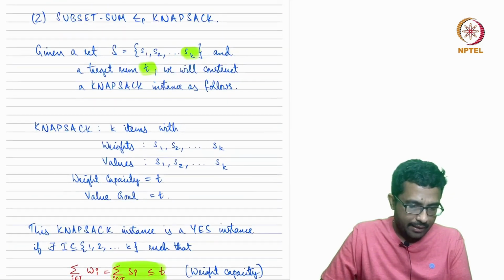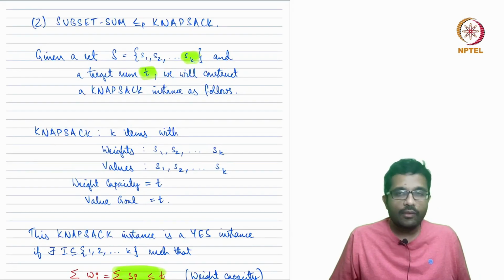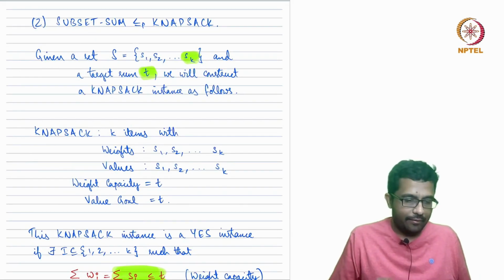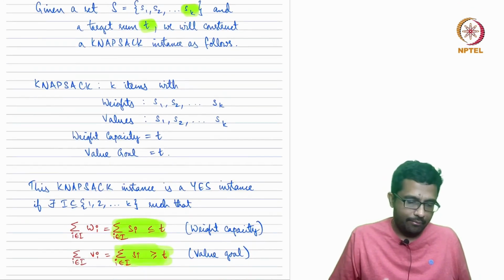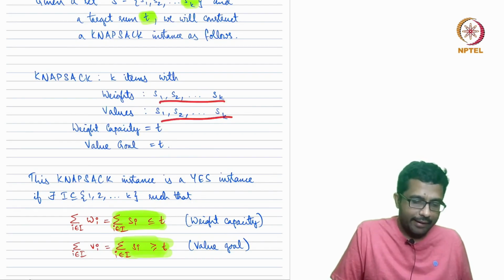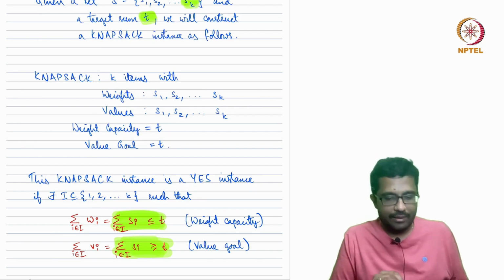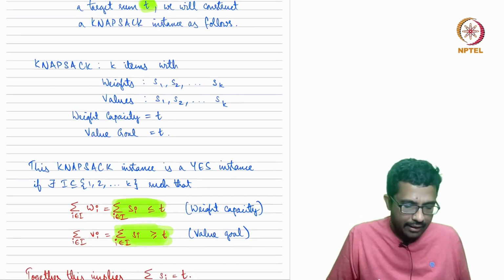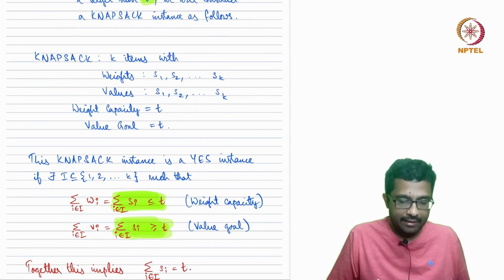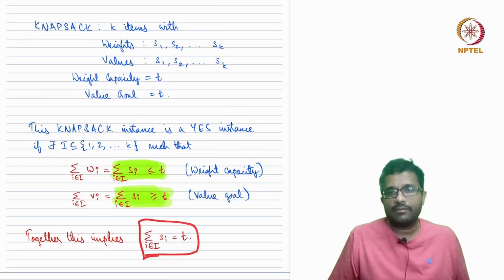So knapsack, where there is a problem with weights, values, etc. Now we reduce subset sum to this by making the weights and values equal to the numbers in the subset sum, and the weight capacity and value goal both equal to the target sum in the subset sum. That gives us that if the knapsack is a yes instance, we get a subset whose sum is equal to the target sum.